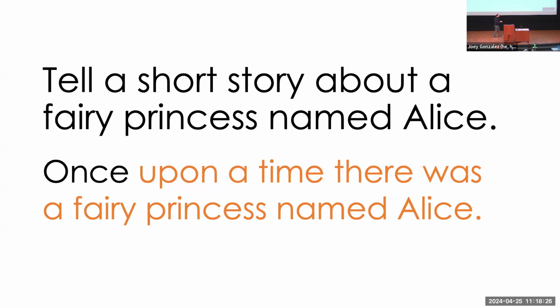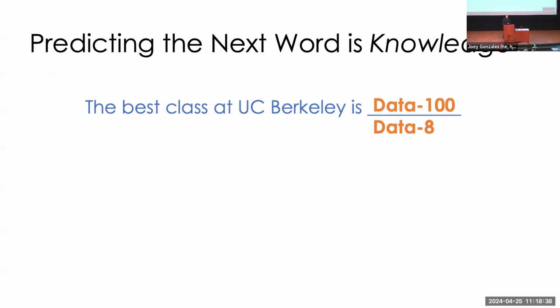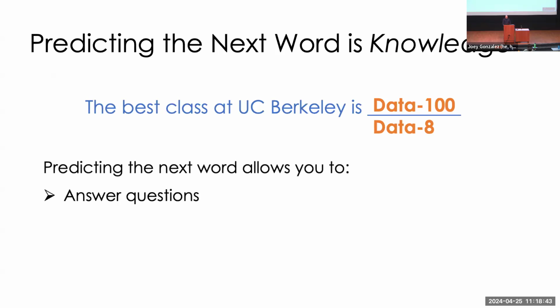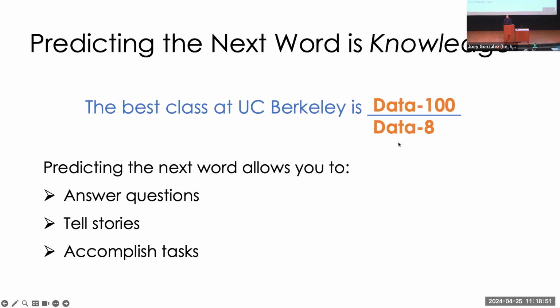But you can take the same techniques we did in this class and just add extra vectors and extend that to predict not 1, not 2, but tens of thousands of classes, each being a different word. Okay, that's language modeling. Predicting the next word is knowledge. Predicting the next word allows us to answer questions, tell stories, and accomplish tasks. So all this machinery is doing one simple thing, predicting the next word.